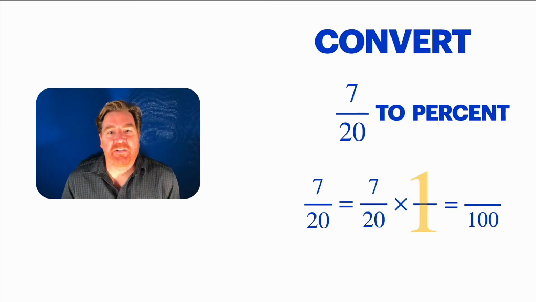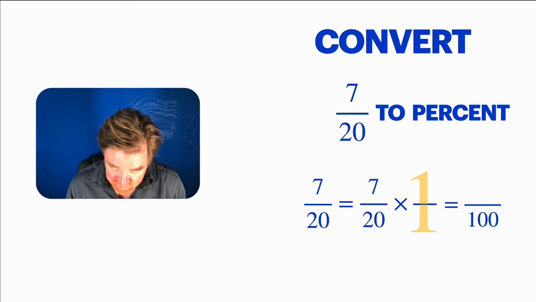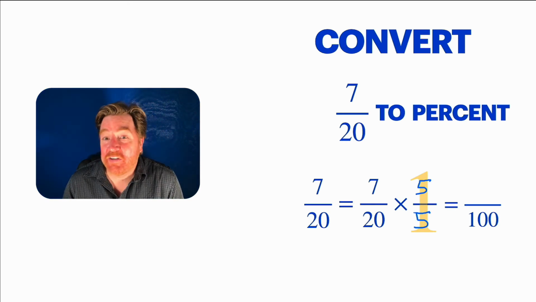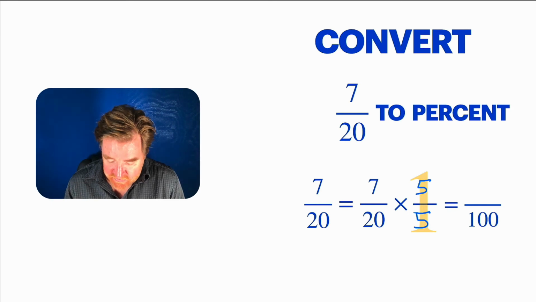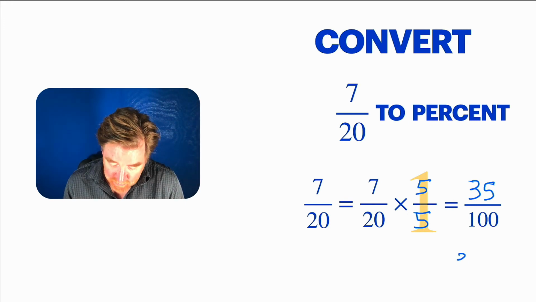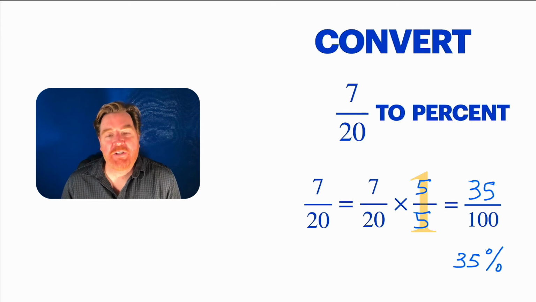I think you can probably see that pretty easily. 20 times 5 will get us 100. So the form of 1 is 5/5. Nothing to it. 20 times 5 is 100, of course, and 7 times 5 is 35. So 7/20 is 35/100, or if you wanted to write it with the percent symbol, it's 35%.